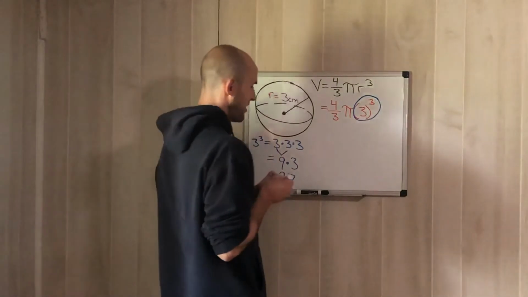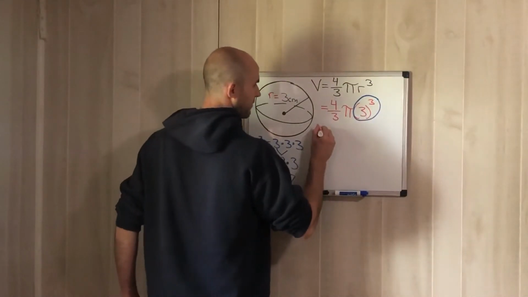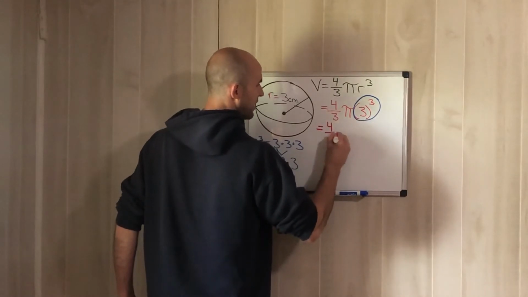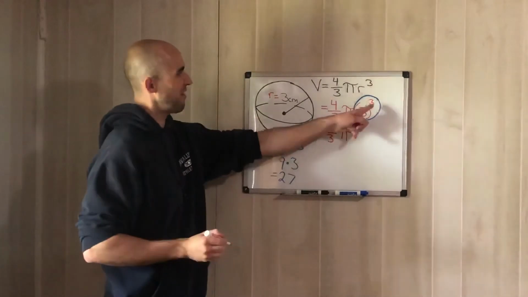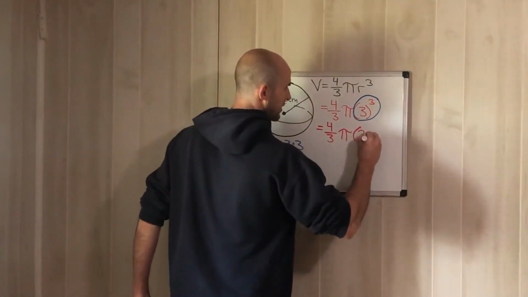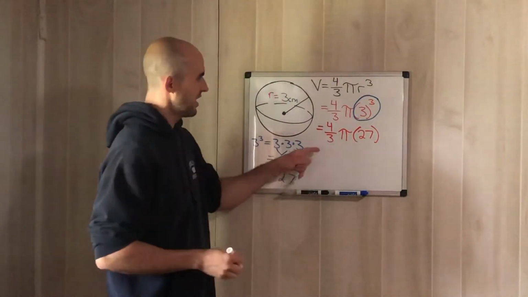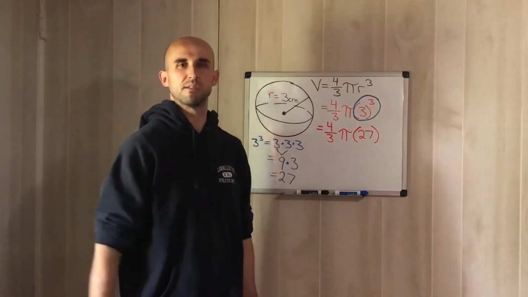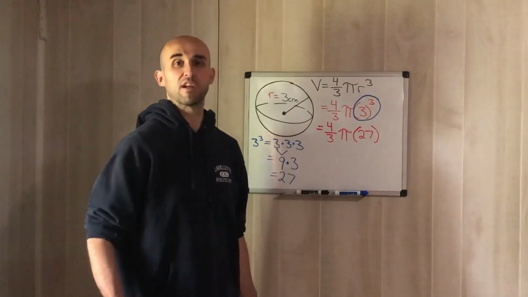So to make our lives a lot easier, we have everything the same. We still have 4 over 3, we still have pi, but now we know that 3 to the third, 3 times 3 times 3, is 27. Once you have this, all of this becomes a lot easier. There's another way to do this, but since I'm not there to help you see it in person, I don't want to confuse you.